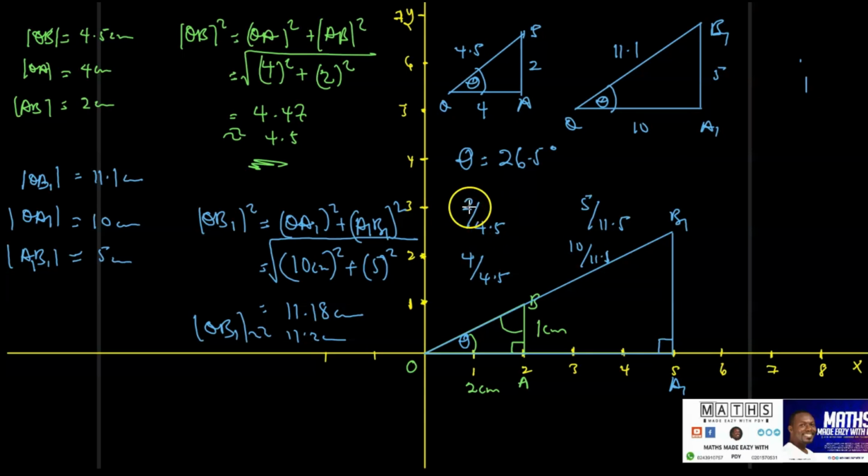Kindly program 2/4.5 on your calculator and tell me the answer. 2 divided by 4.5. What is the answer? 0.444. Now, clear the screen and then program 5/11.1. 0.45.